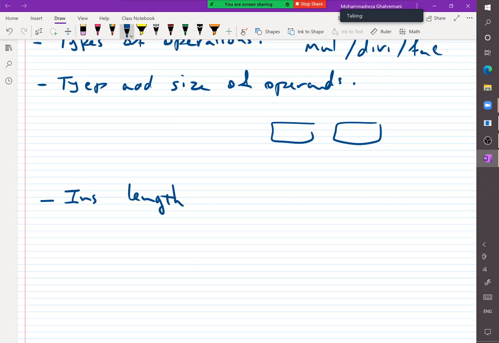Is the length of instruction short, long, or variable?